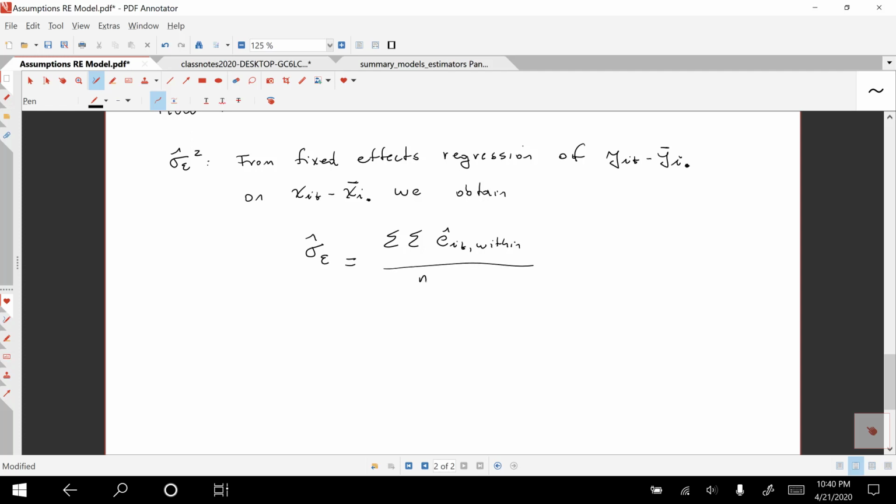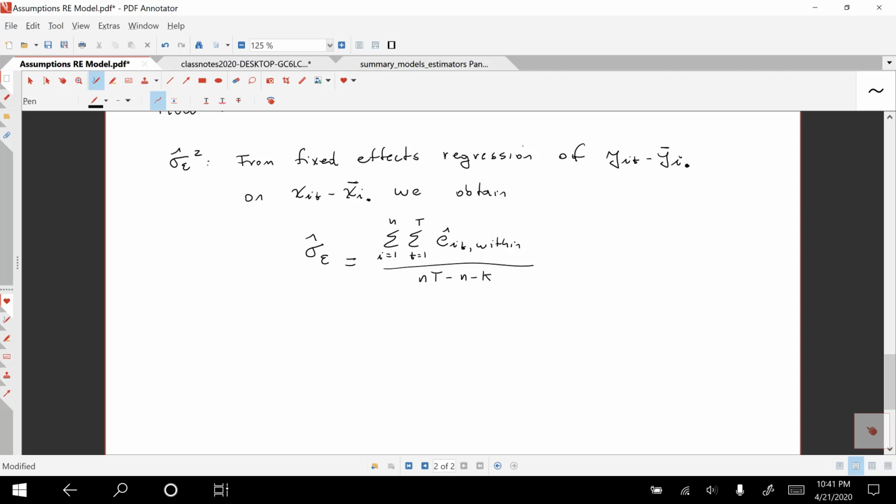The sum of their squares is divided by n t minus n minus k, where i goes from 1 to n, and t goes from 1 to t.